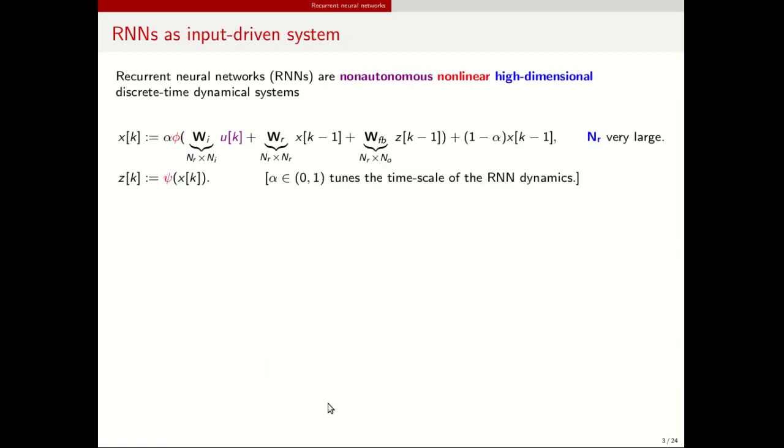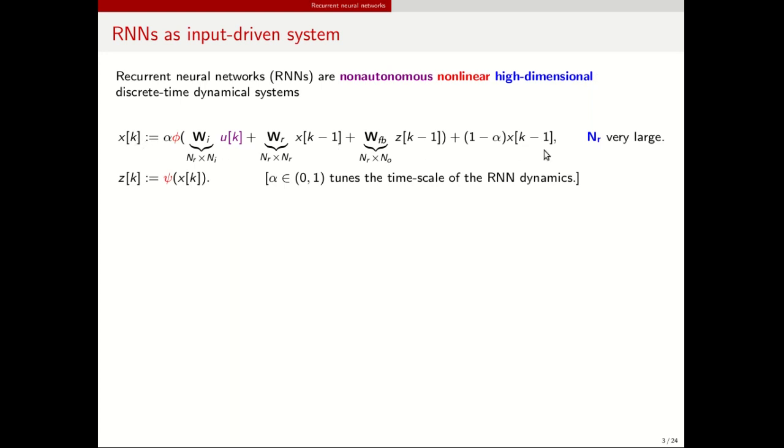So summarizing, a recurrent neural network is an input-driven system, a non-autonomous, non-linear, high-dimensional discrete-time dynamical system, which is the nightmare of all mathematicians, since it is really hard to understand the behavior of these dynamical systems.